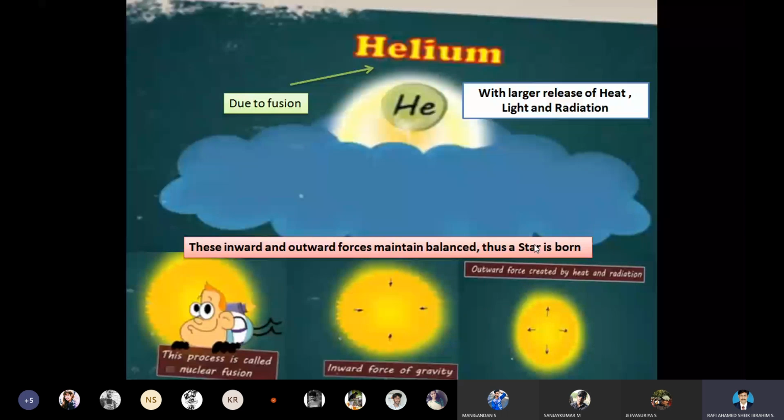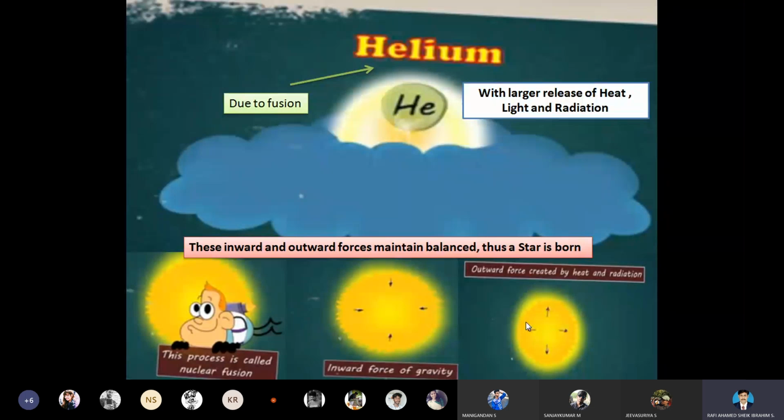Thus the star is born. The inward force is the attraction, and the outward force is the emission of heat, light and radiation. When these two balance each other, then we can say the formation of the star happens.